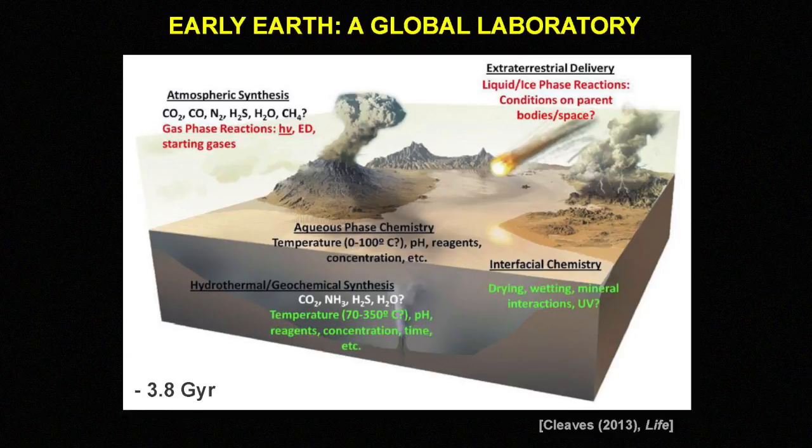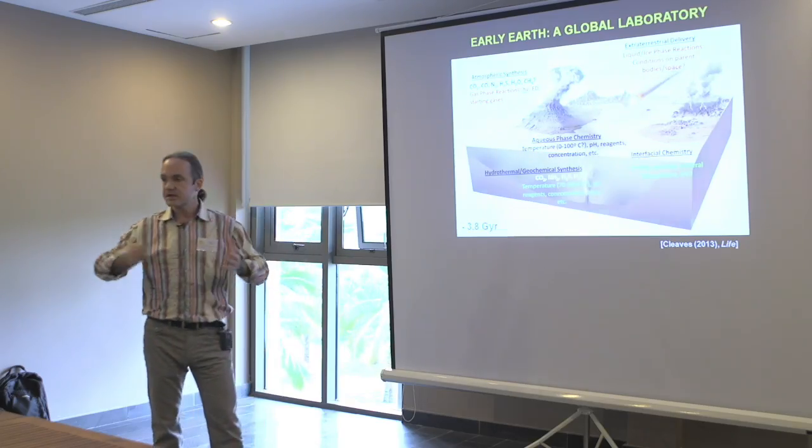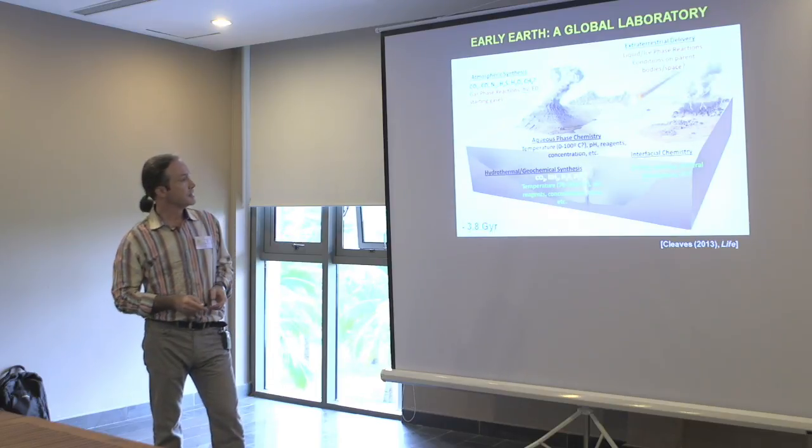It could have brought some organics here necessary for making this special kind of chemistry called life. Also aqueous phase chemistry, hydrothermal and geothermal synthesis in hydrothermal vent scenarios, and perhaps interfacial chemistry. All this could have been operating together, interchanging part of the solution and making this global experiment that led to life.